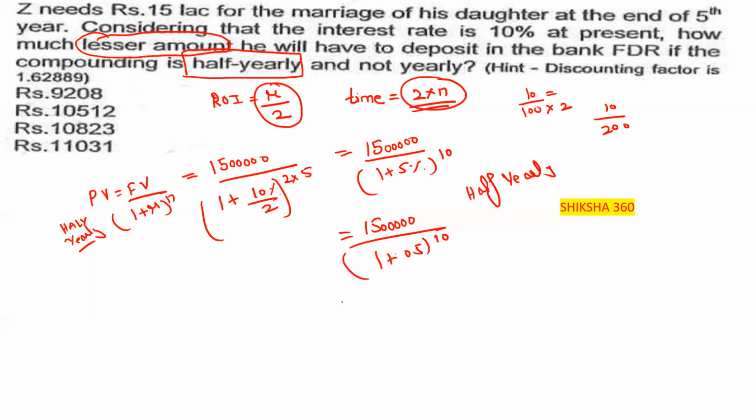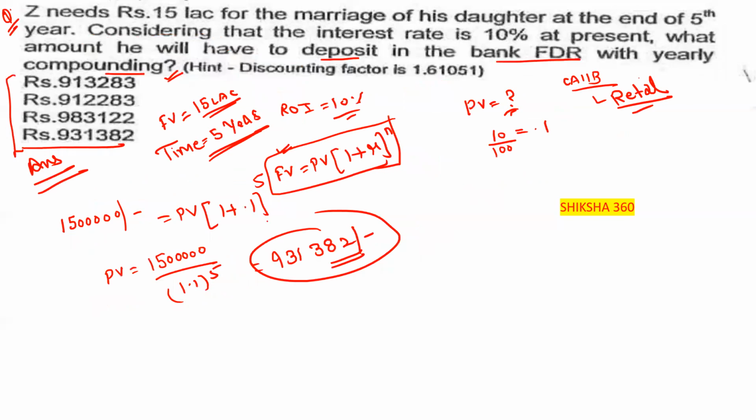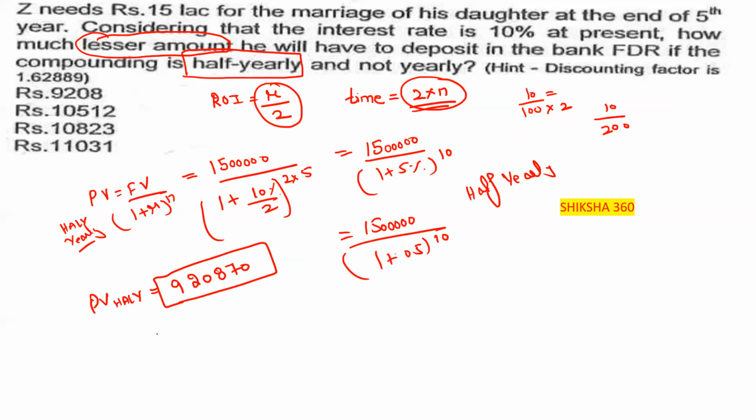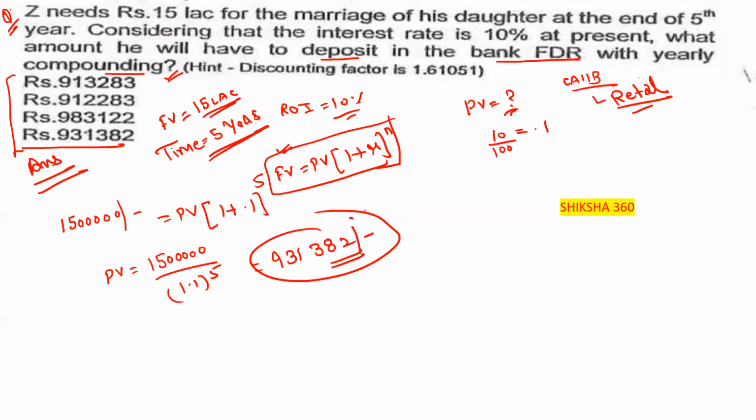So here we will get the present value, that is half yearly, 9,20,870 rupees approximately. Clear? And the present value, that is yearly, is 9,31,382 rupees. Okay, this one.